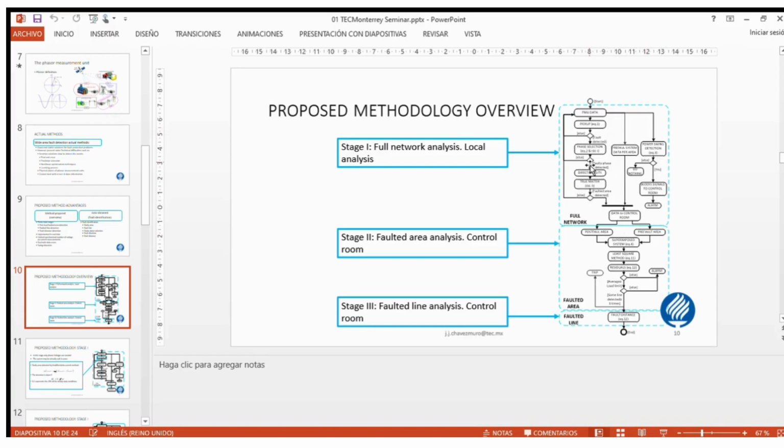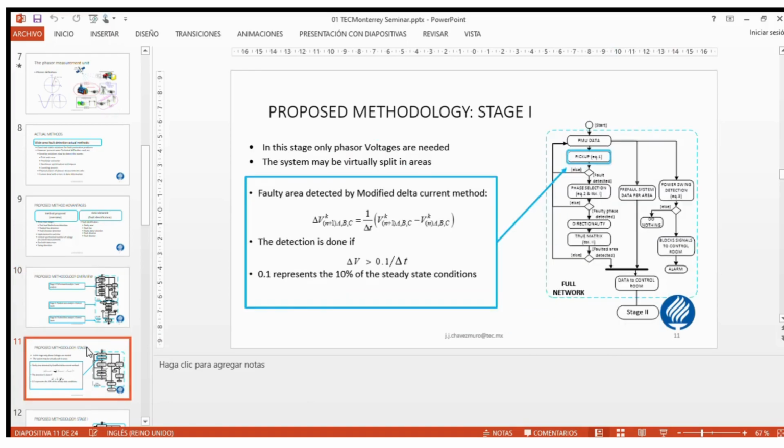The first of them is done locally in the phasor measurement unit, so it doesn't take so many computational resources. The next is done in the control room, and the third one is also done in the control room. What about the first stage?